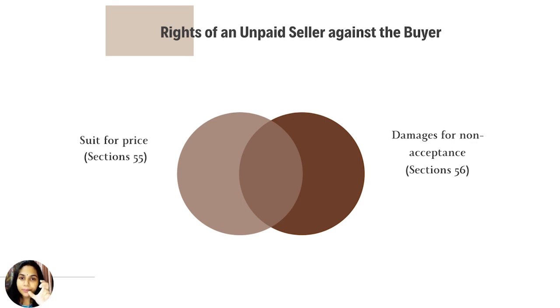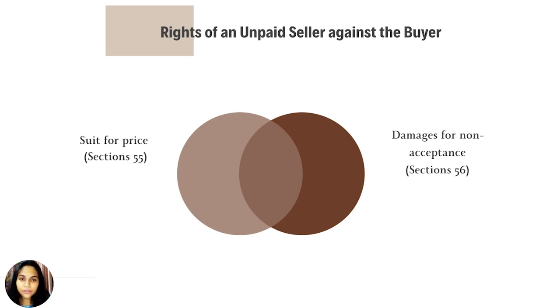First is where the property in goods has passed to the buyer, and the second is where the property in goods has not passed to the buyer, and in both conditions the buyer has refused to pay the price to the seller. So in these two situations, the unpaid seller may sue the buyer for the price. It is given under section 55.